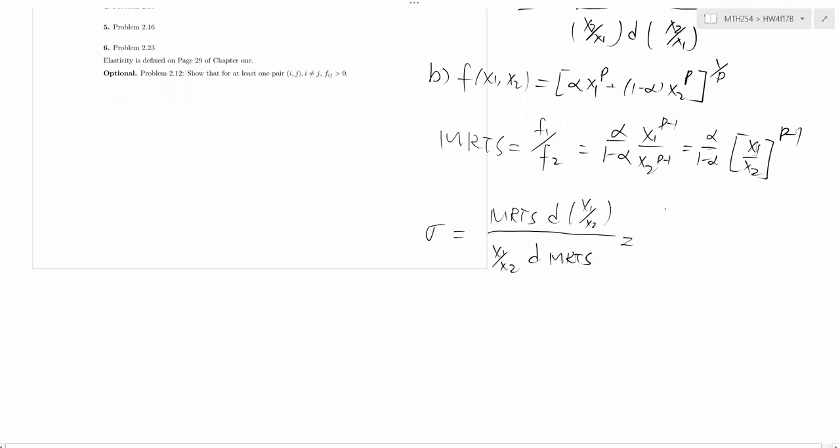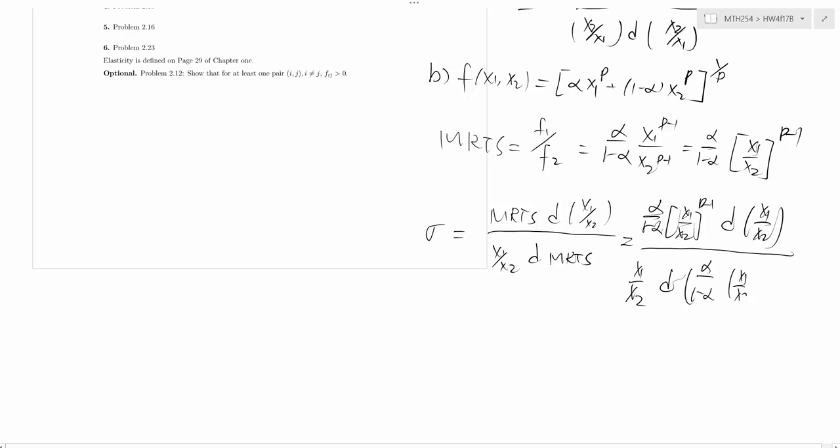This is going to be, here we have alpha over 1 minus alpha, just copy, x1 over x2 to the power p minus 1, and then d of x1 over x2. Based on previous problems experience, we know we probably don't need to actually take all the differential because they look so similar. And here is d of alpha over 1 minus alpha and x1 over x2 to the power p minus 1.